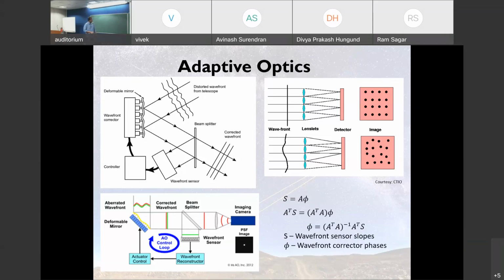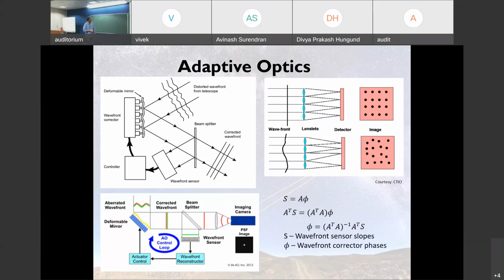One important thing which I've been working on during the PhD and here also is this very simple equation. The wavefront sensor actually detects the wavefront slopes. As the slope of the wavefront increases, the deviation of the spot increases.